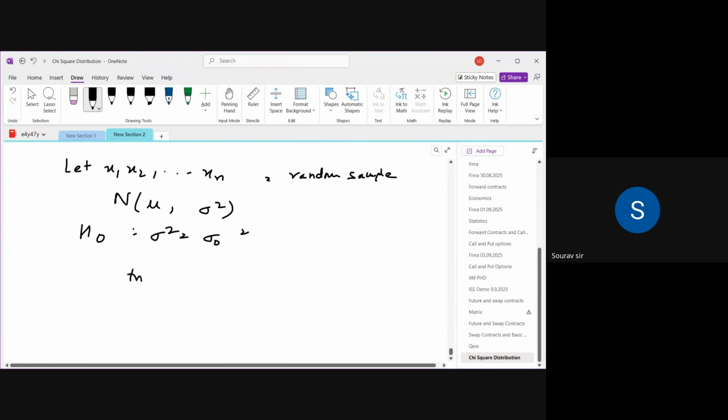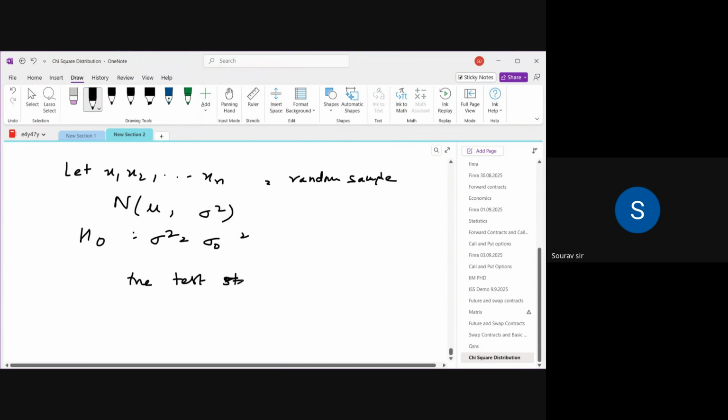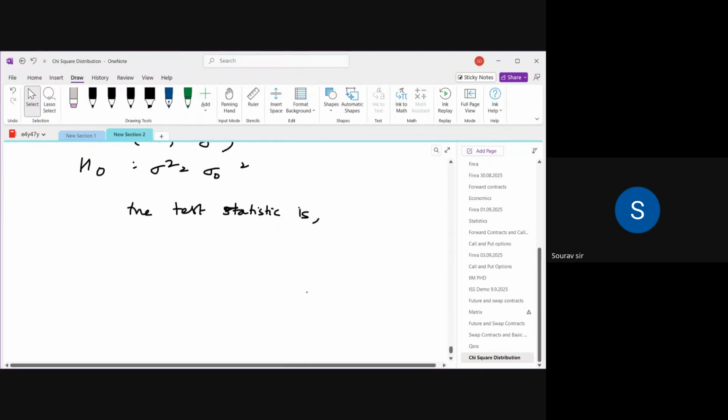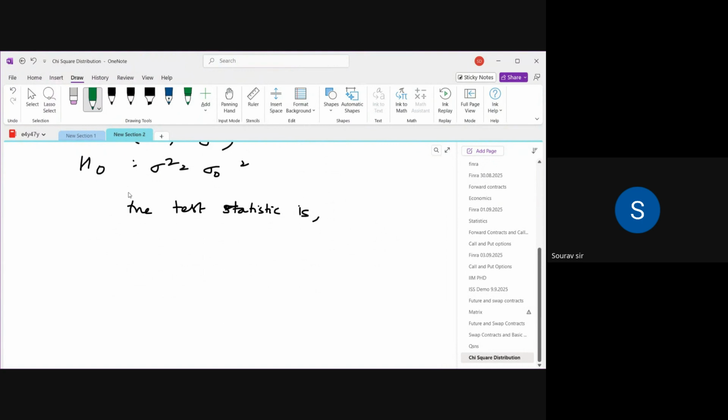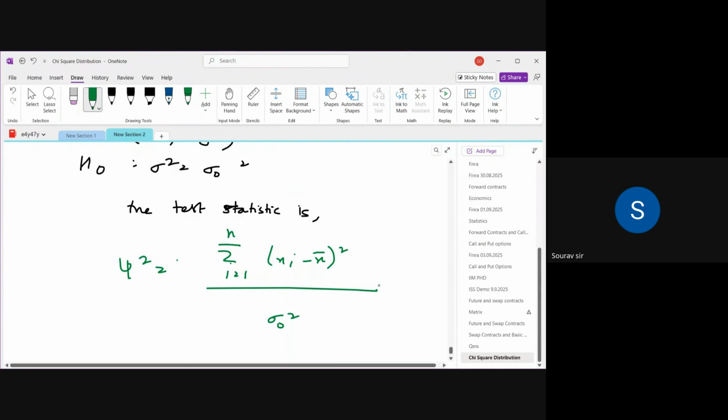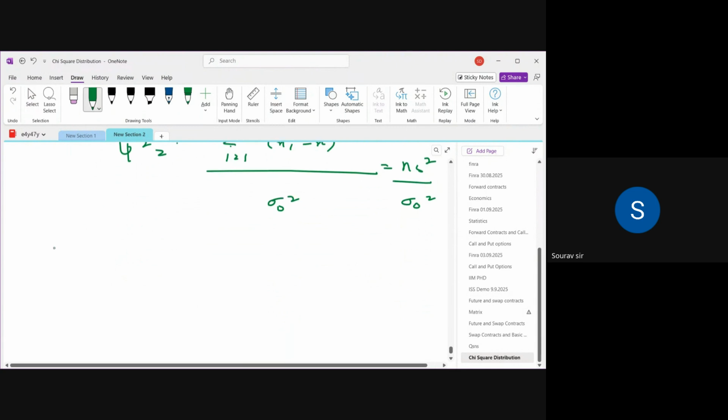The test statistic will be the summation i from 1 to n of (xi minus x bar) squared divided by sigma naught square, that is n s square by sigma naught square. It follows a chi-square distribution with n minus 1 degrees of freedom.